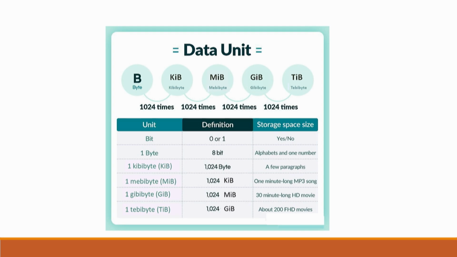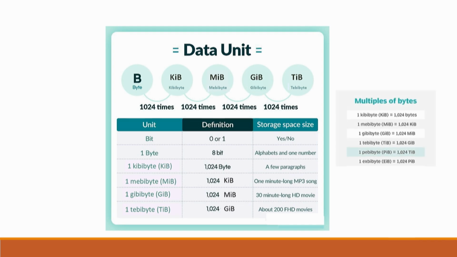There are 1024 bytes in 1 kibibyte. 1 mebibyte is composed of 1024 kibibytes. Similarly, 1 gibibyte contains 1024 mebibytes. Above tebibytes, we have pebibyte, exbibyte, etc.